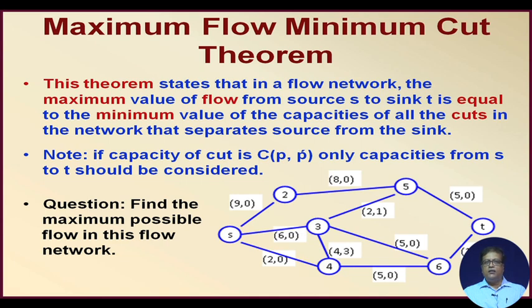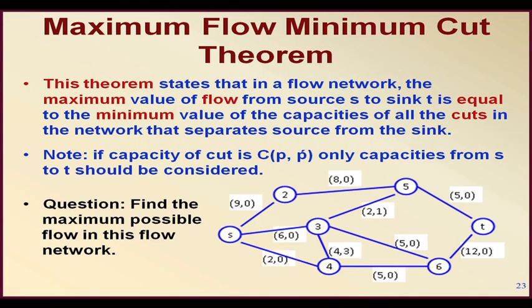So, if the capacity of cut is C, only capacities from S to T should be considered. Obviously, that is already known about cuts, right. Some people say it is not maximum flow minimum cut set, it is the maximum flow minimum cut, and cut is separate from cut set. A cut is nothing but a cut set that separates source from the sink.